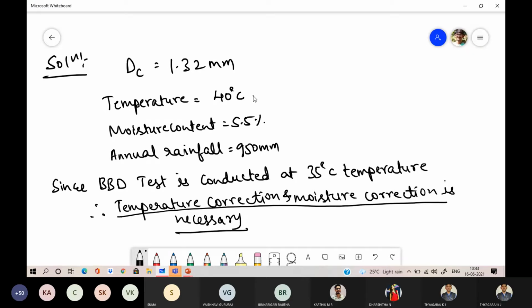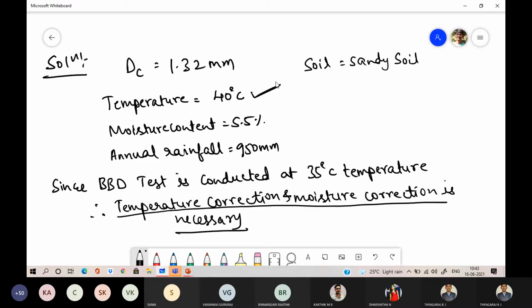Since the temperature is 40 degrees Celsius, we have to apply the temperature correction. Soil type is sandy soil.